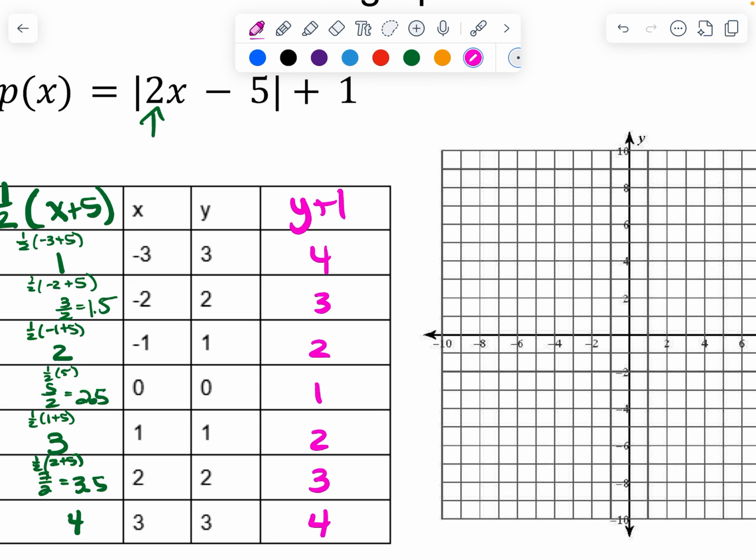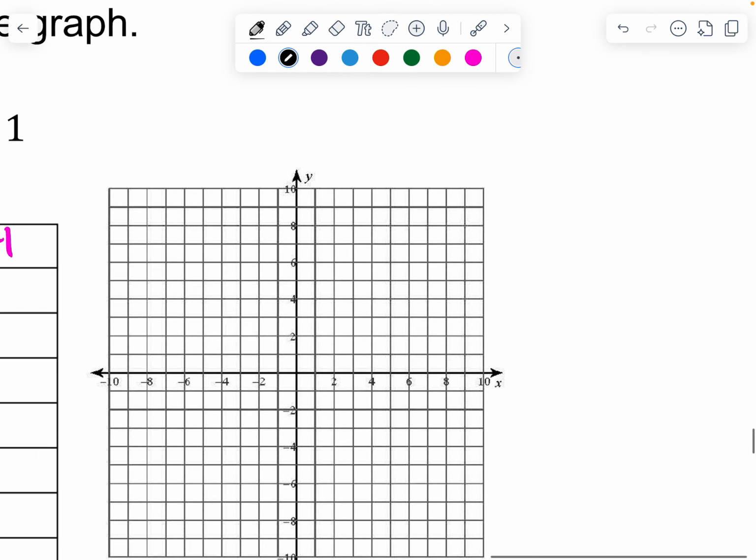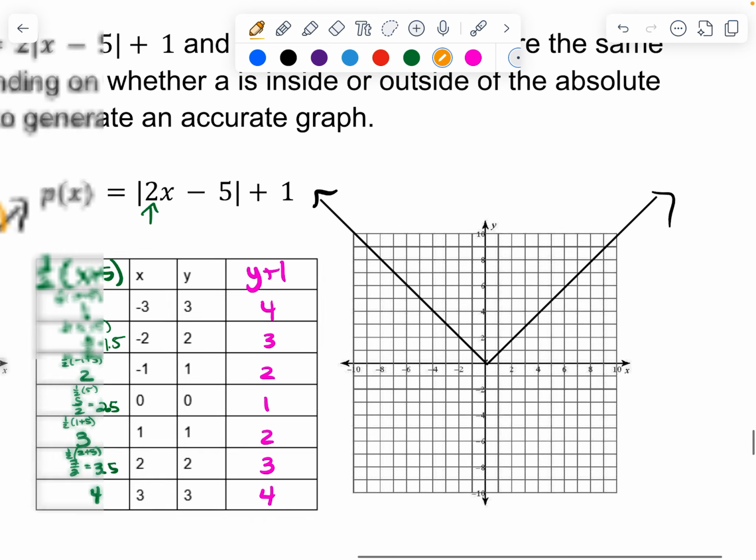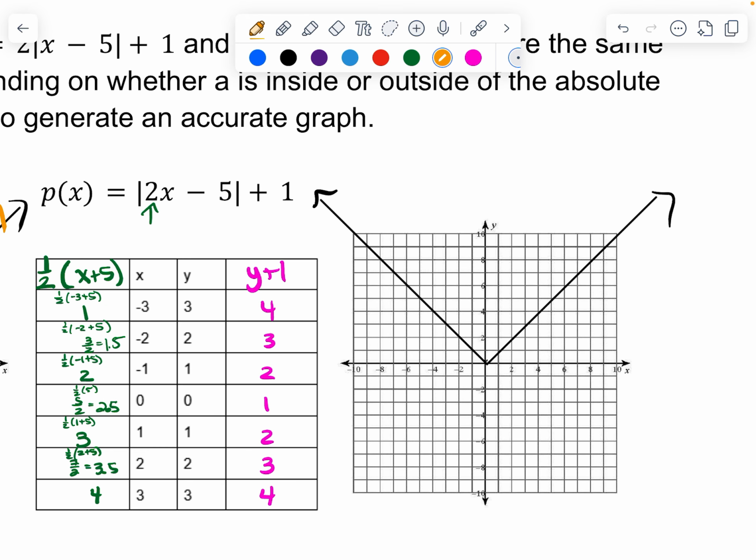Okay, so I come over here, and I'm going to draw my parent graph. It's close enough. Still don't like it, but it's close. Okay, and then here, 1, 4, and 4, 4.